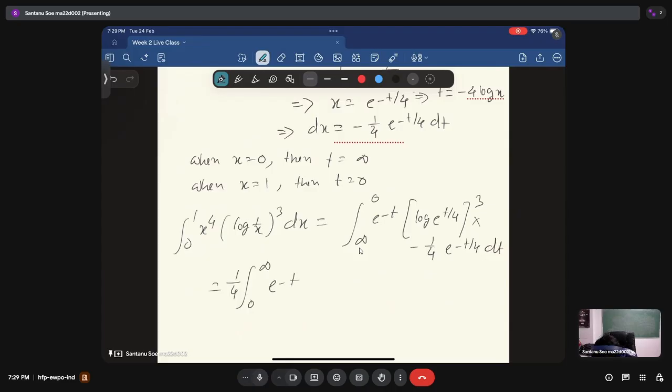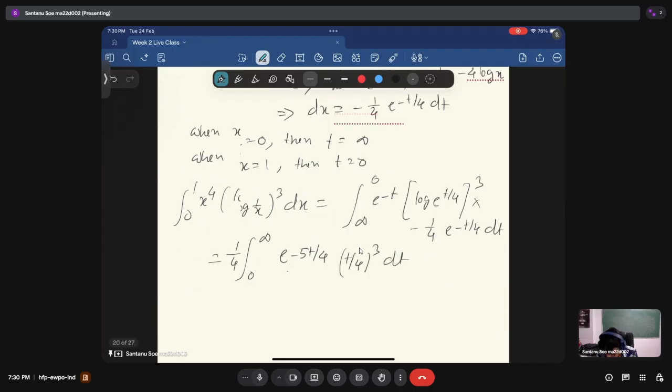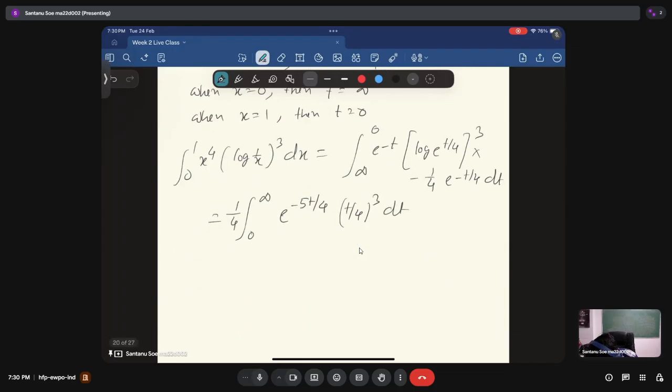Okay, and sorry, this is going to be exponential of minus 5t by 4, and this will be t by 4 whole cube dt. Okay, so now we can just substitute 5t by 4 to be u. So this will be 4.